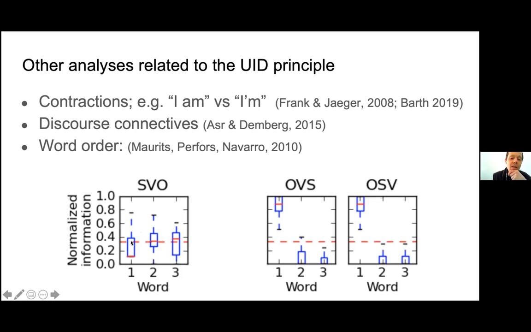They found the most uniform information occurred for SVO, which I believe is the most common word order across languages. For orders where the object comes first, which are much, much rarer, they found the greatest departures from uniform rate of information transfer over time. So I think putting all of these studies together, there's at least some suggestion that the idea of uniform information density might apply across lots of different levels.